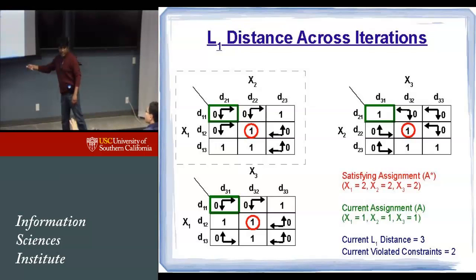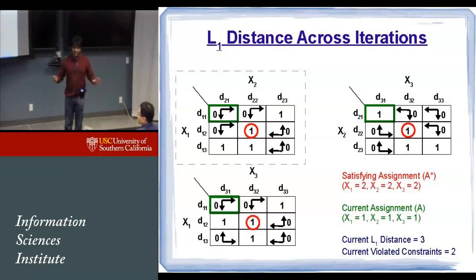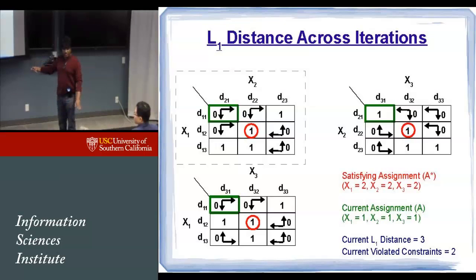Both these notions are well defined. That's what I'm saying: there's a notion of an L1 distance between 2 complete assignments, and you could also think of it as being within a constraint. But yes, the L1 distance of 3 is between 2 complete assignments. And no, I'm not claiming that you know the correct assignment.